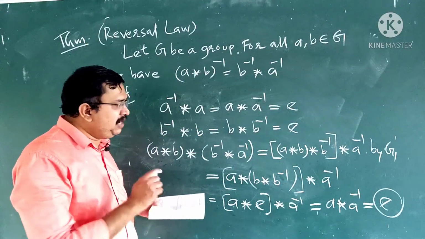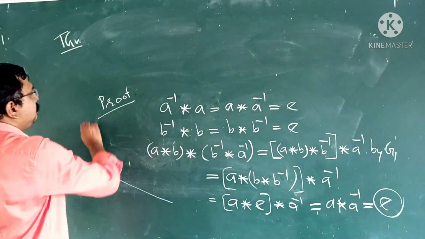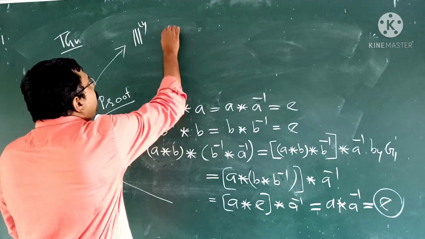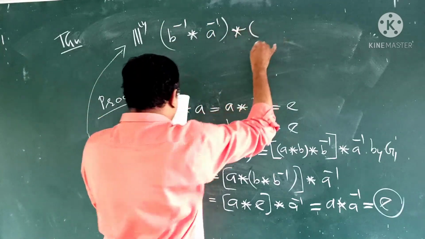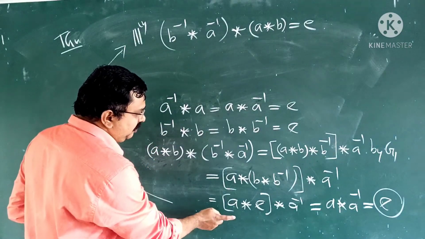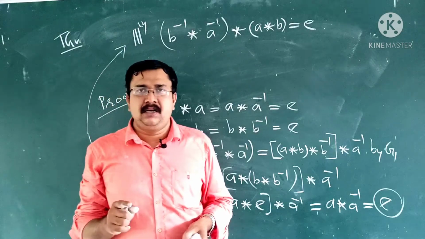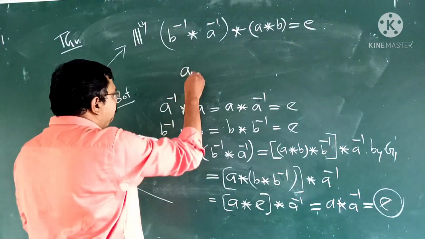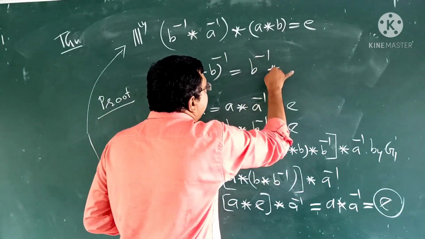Therefore, we can say that similarly we can prove, by the same arguments, that B inverse star A inverse star A star B equal to E. Therefore, from this equation and this equation we can conclude that the inverse of A star B is, remember that, B inverse star A inverse, that is (A star B) the whole inverse is equal to B inverse star A inverse.